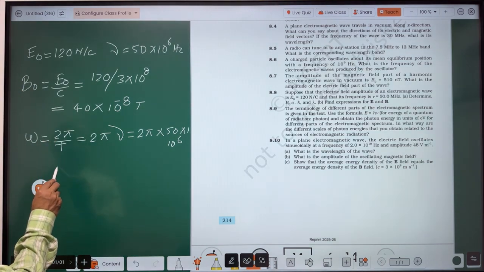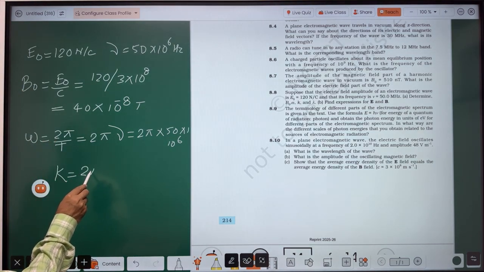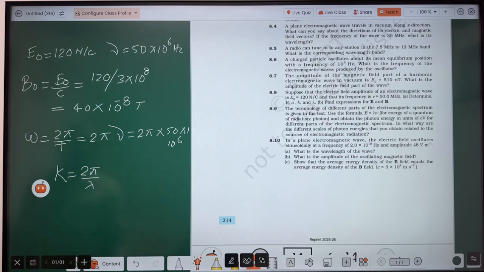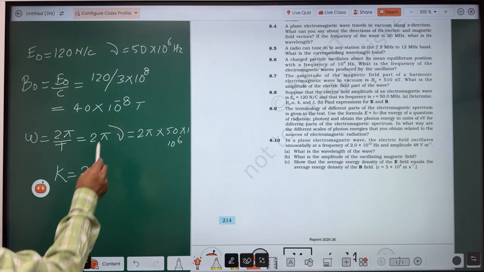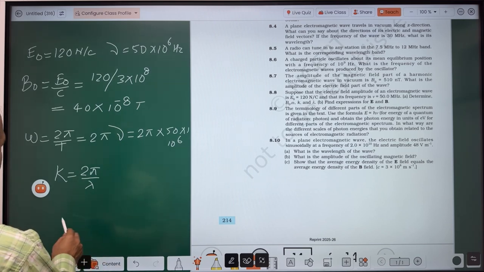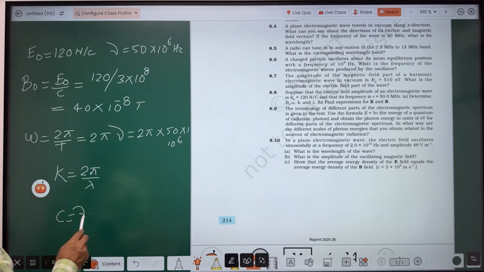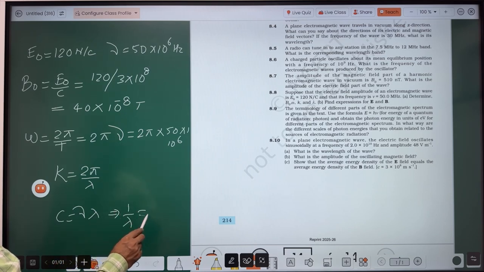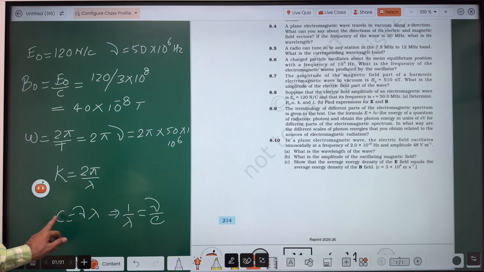Then comes K. What is K? K is 2 pi by lambda. Here we are given nu. If you remember, C equal to nu lambda. So if you want to find out 1 upon lambda, it will be nu divided by C. Lambda will come over here and C will go over there.